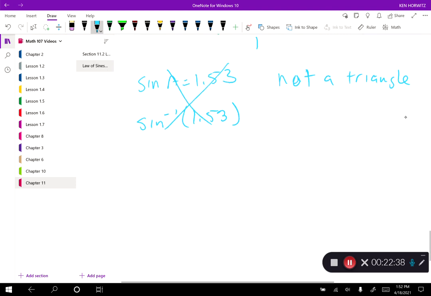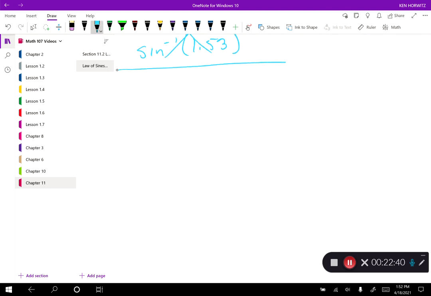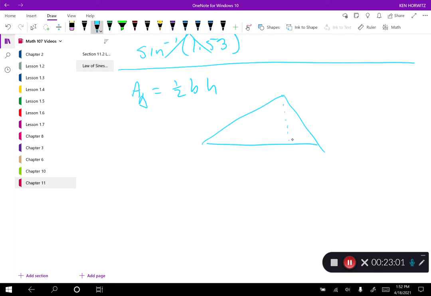All right, now the last topic we want to do is area of a triangle. Now we all know that area of a triangle equals 1/2 base times height. But if we have an oblique triangle, like ours, we don't necessarily know the height off the top of our head.